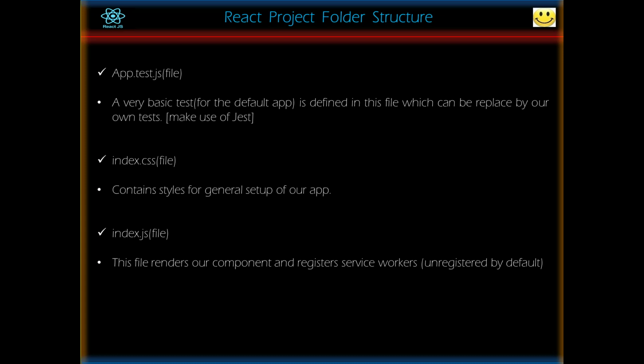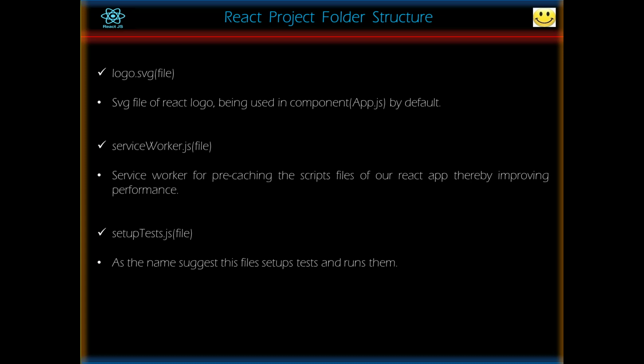Index.css file. It contains styles for general setup of our application. Index.js file. This file renders our component and registers service workers. Logo.svg file. SVG file of the React logo being used in the component App.js by default.